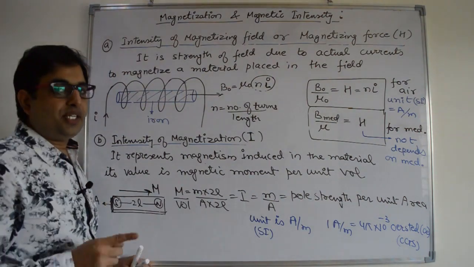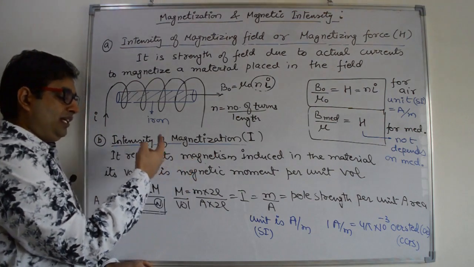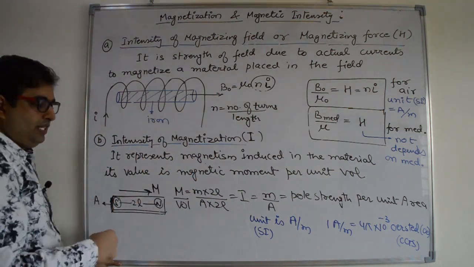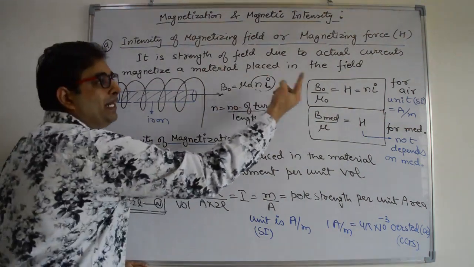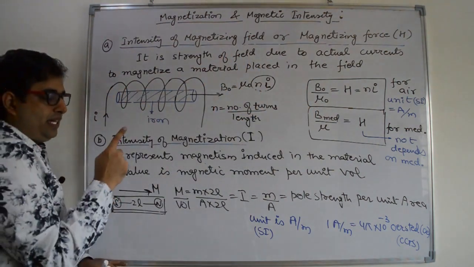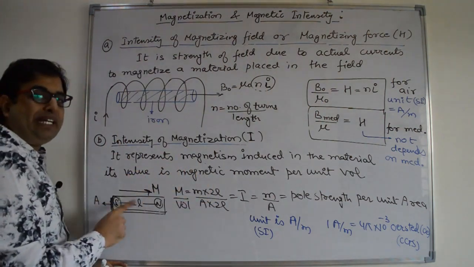So intensity of magnetization tells us about the magnetism produced by the material, its own magnetic field. But H tells us the external magnetic field. I tells us the magnetic field produced by the material.